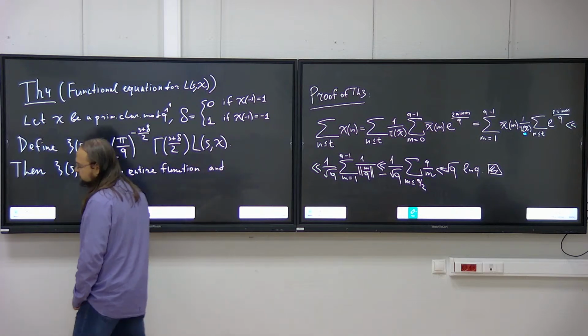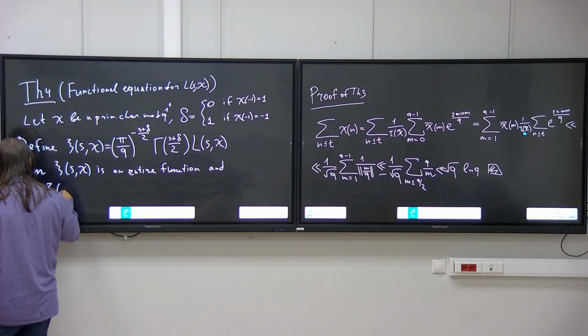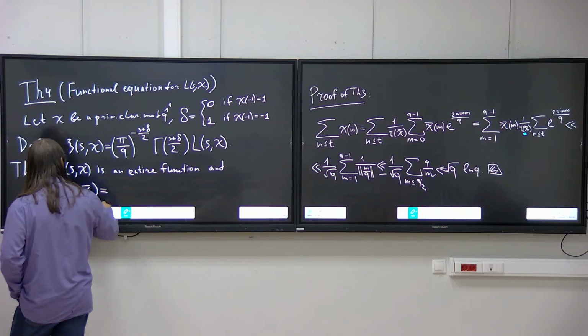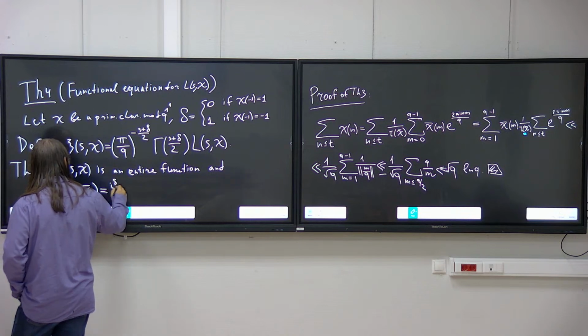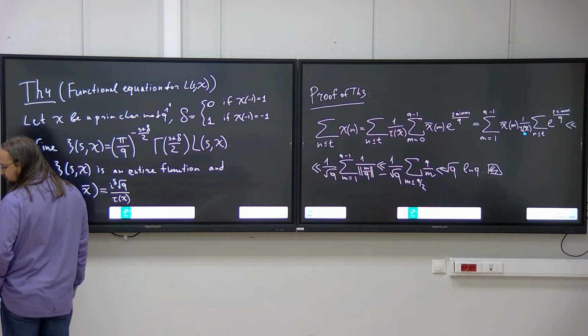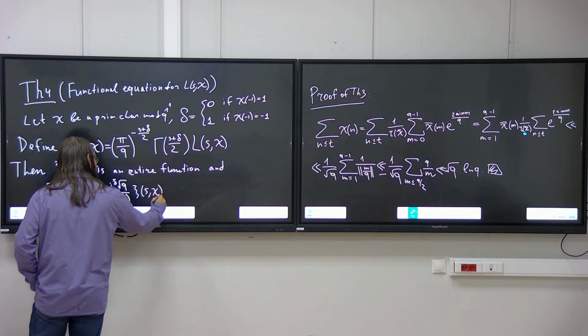And we have the following functional equation. Psi of 1 minus s, chi bar, is equal to i to the power delta, square root of q divided by tau of chi, psi of s chi.